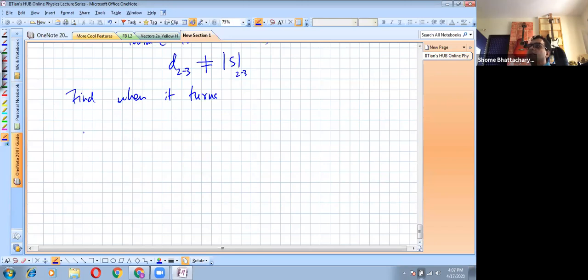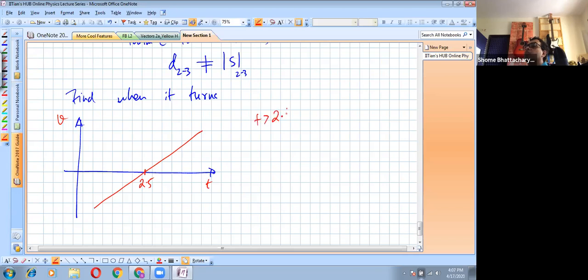Now your velocity time graph is showing you when it turns, because you can see that at this time of 2.5 seconds, for t greater than 2.5, velocity is positive.